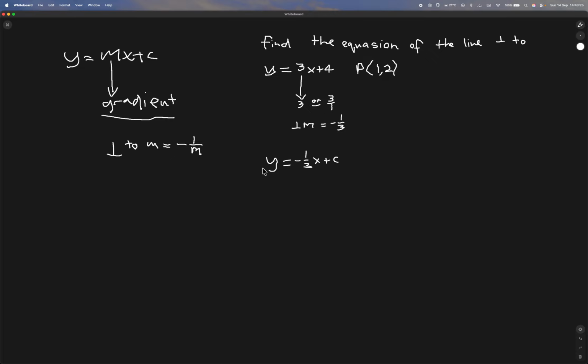Now, to solve this, we're going to put this point here into this equation. So, y is equal to 2. 2 is equal to negative 1 on 3x, which is 1, plus c. So, simplify.